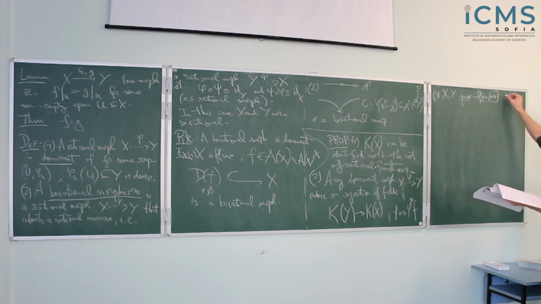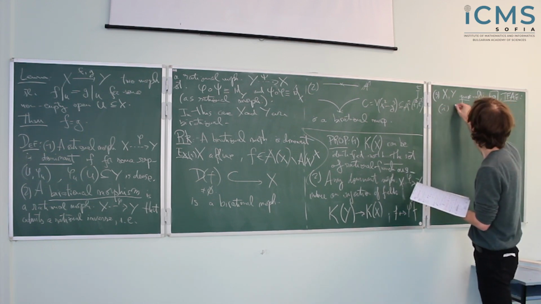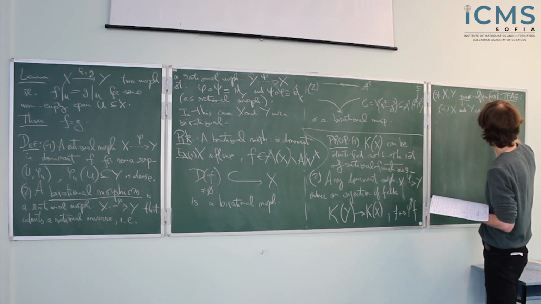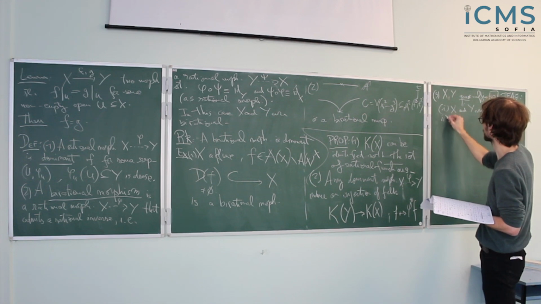And we have the following are equivalent. X and y are rational. So there's a rational morphism between the two.